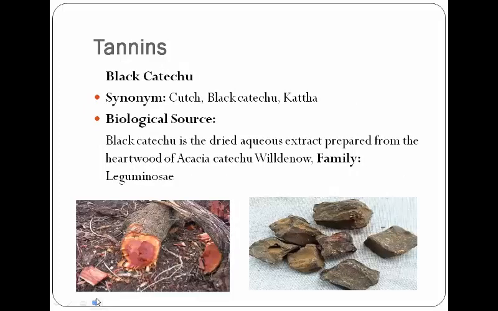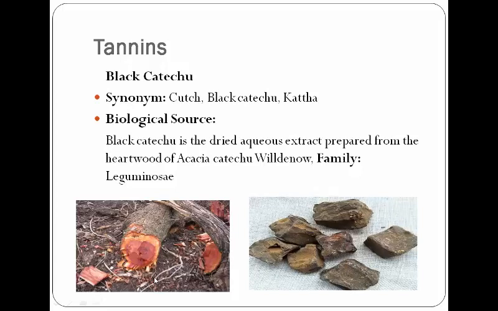The next drug we have is black catechu, which is also called Kutch, black catechu, or Katha. Black catechu is also an aqueous extract, but this aqueous extract is prepared from the heartwood of Acacia catechu, family Leguminosae. Heartwood, the name basically indicates the central position of the hardwood in the tree.